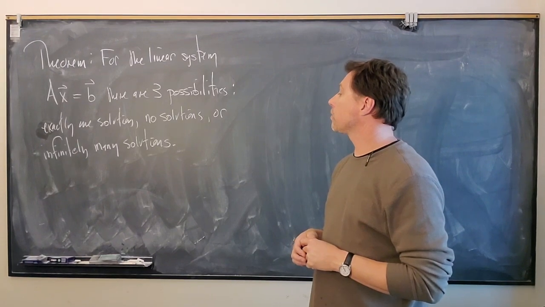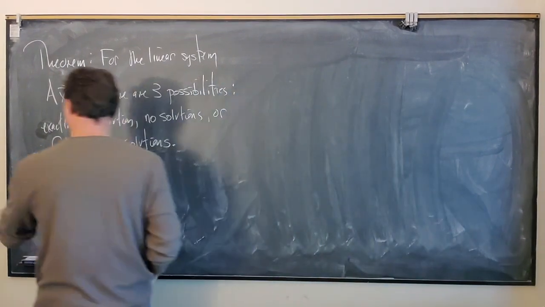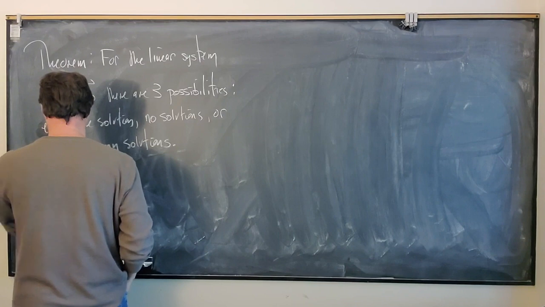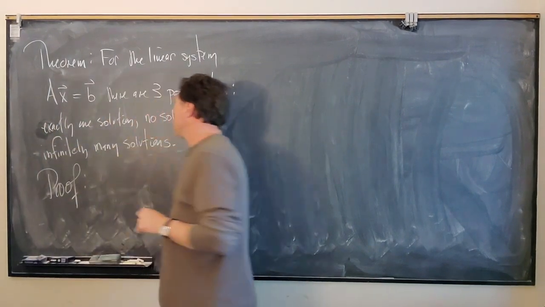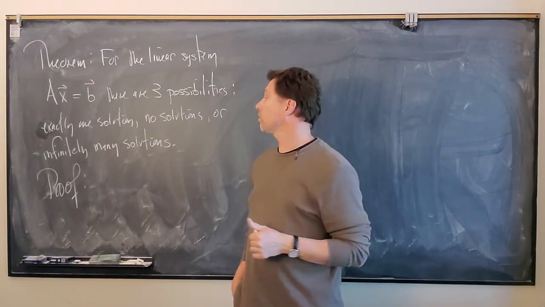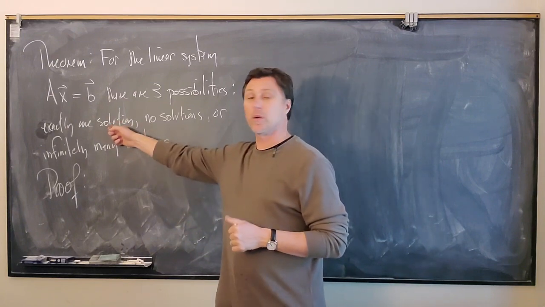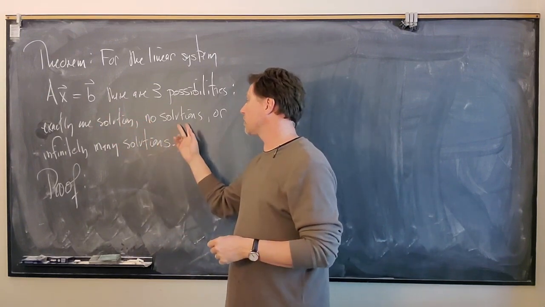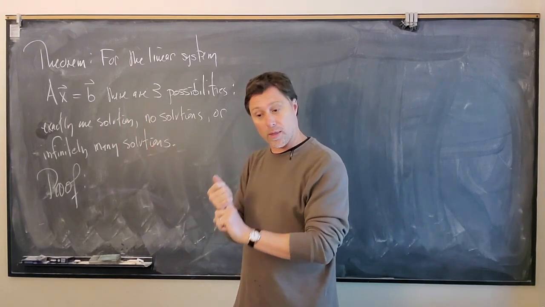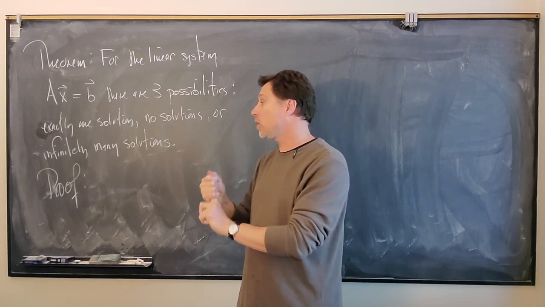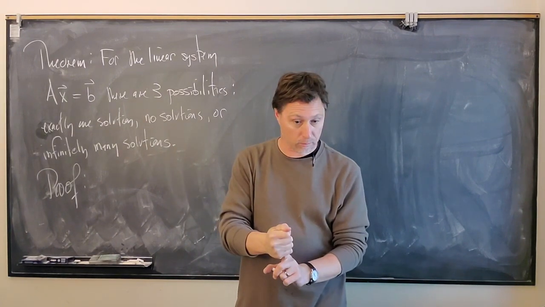Now, I want to actually prove this. And so the proof, right, we can verify this now, the proof goes like this. So we've got our system. If it has exactly one solution, great. If it has no solutions, great. Right? What we want to then say is, okay, what if we had two solutions?